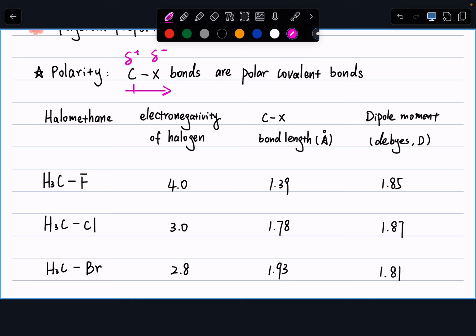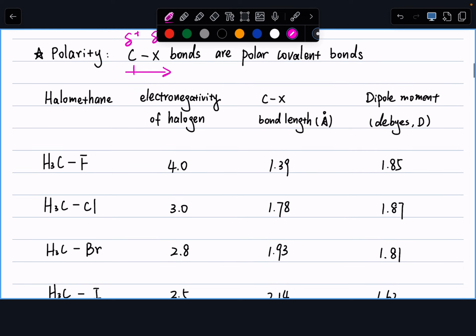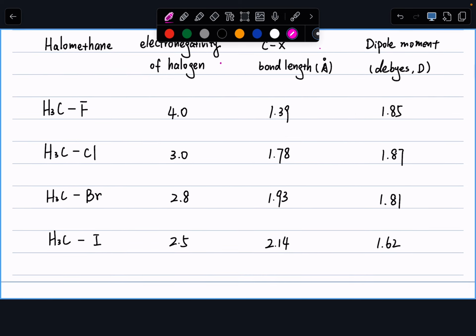The strength of the dipole moment, or how polar that covalent bond is, is affected by two different factors, including electronegativity and also the bond length. The dipole moment is affected by both the charge, how much the charges are separated, and how much is the charge. So the dipole moment might be different along the trend.